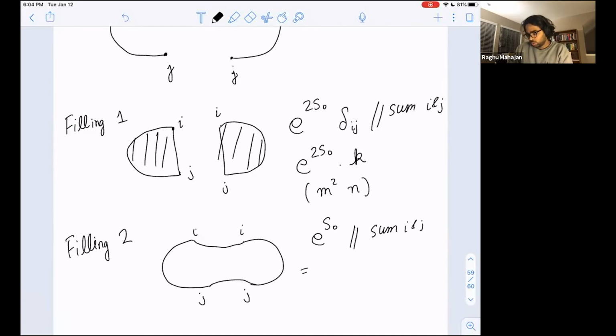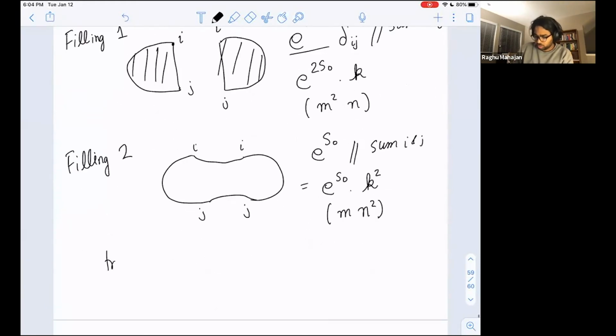Notice that e to the s naught is smaller than e to the 2s naught because we imagine s naught to be huge. So we are small in s naught, but we are large in k. We have k squared because the sum over I and j is unrestricted. So this is like the term m times n squared from last time. So the total trace rho square is like m squared n plus m n squared.